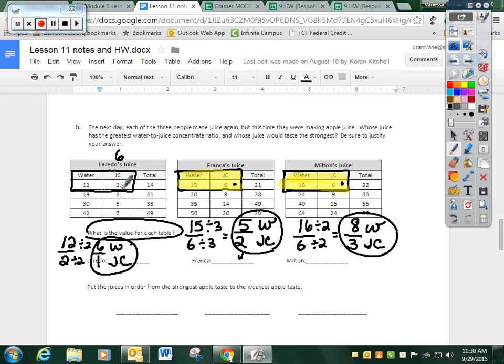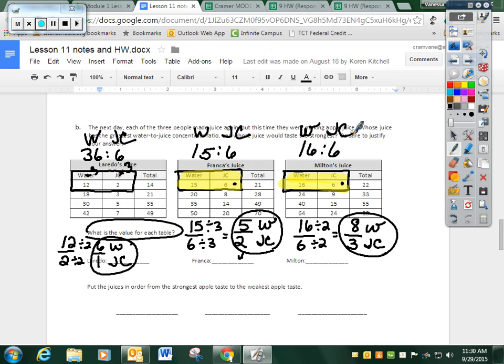Because I know 2 times 3 is going to give me 6. 12 times 3 is going to give me 36, okay? So now I have a 36 to 6 water to juice concentrate. I have a 15 to 6 water to juice concentrate. And the last one, I have a 16 to 6 water to juice concentrate.